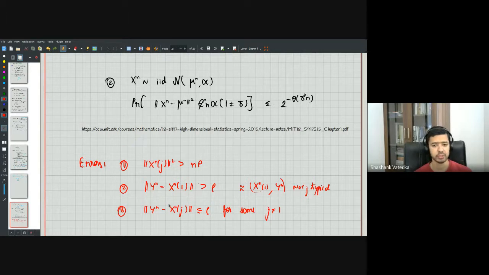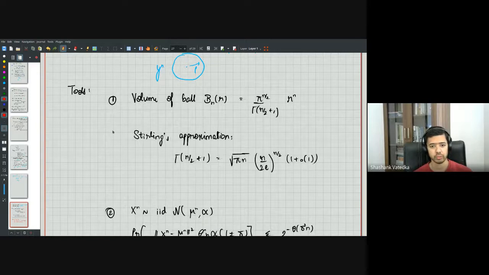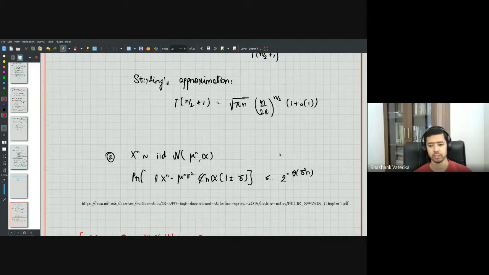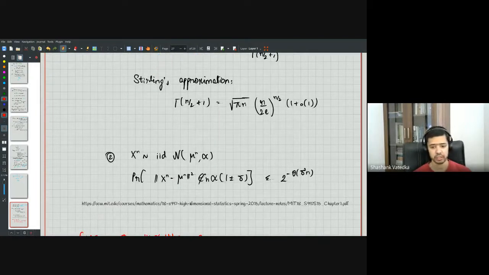Now we have something a little more geometric. One is a bound on the volume of a ball, and the second is something similar to the Chernoff bound. I won't give proofs of these statements. You can look them up online. Here's also a reference to the second statement.